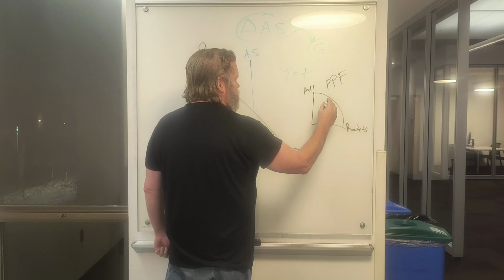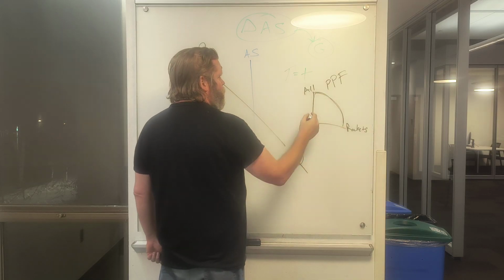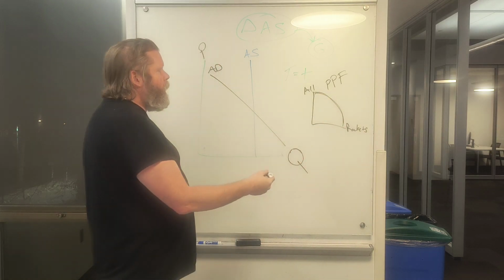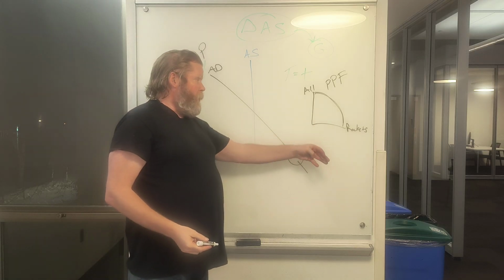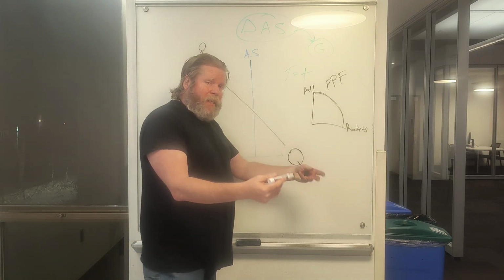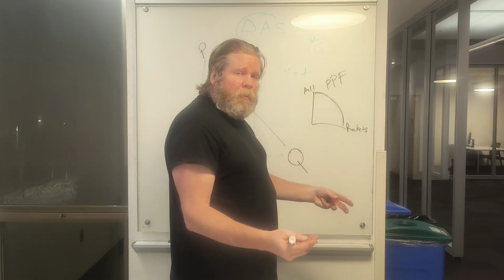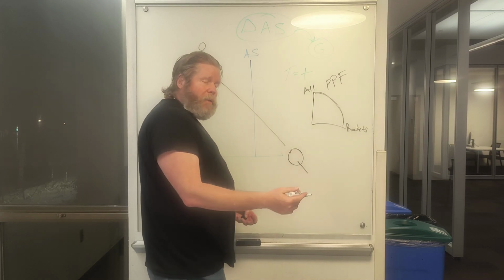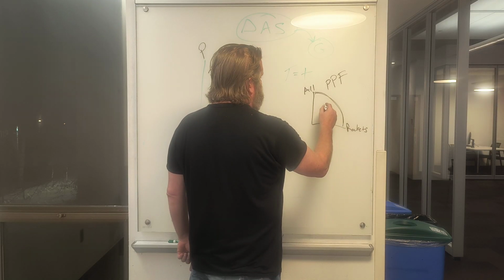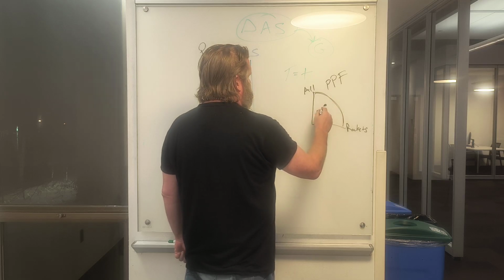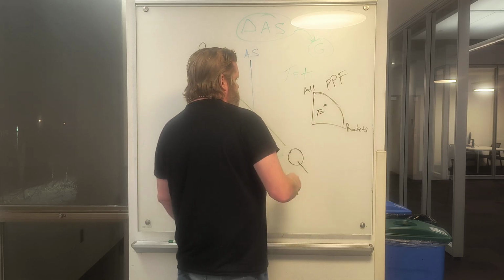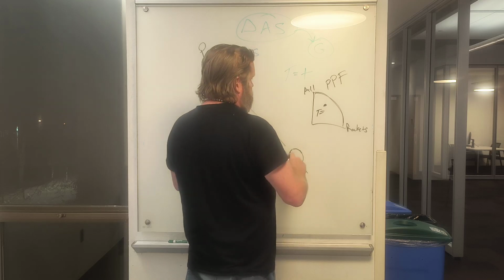On this PPF, we can have workers go from making finished rockets and all their finished goods, and instead make the machines and other resources, including research and development, that make those things.